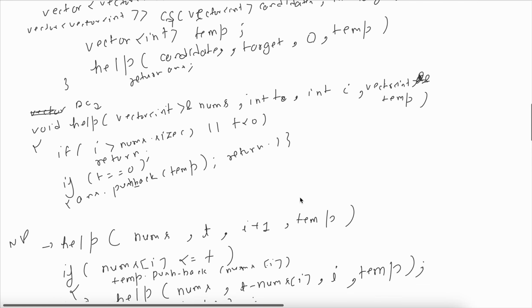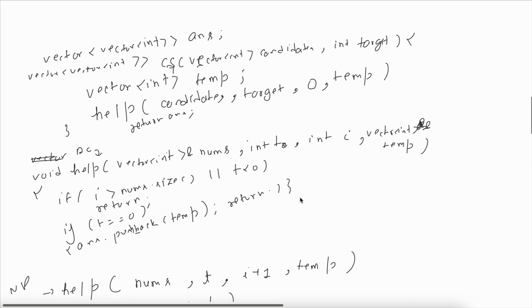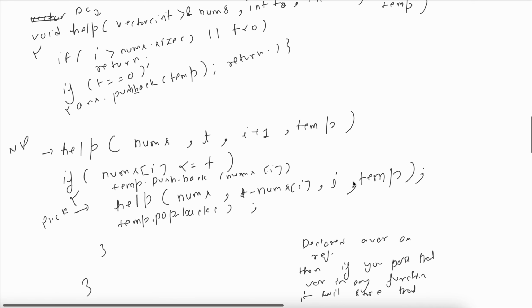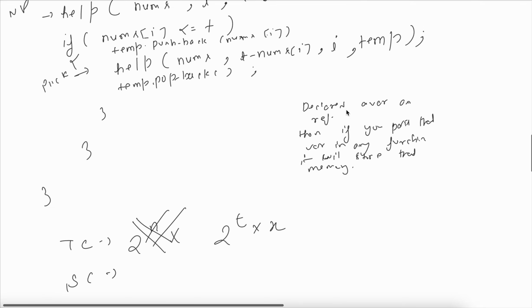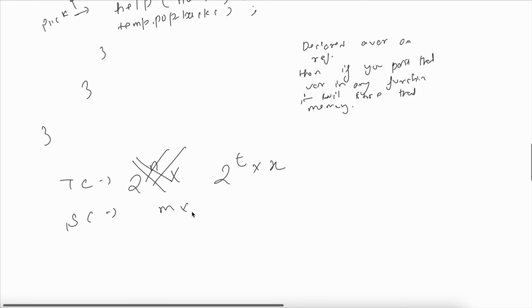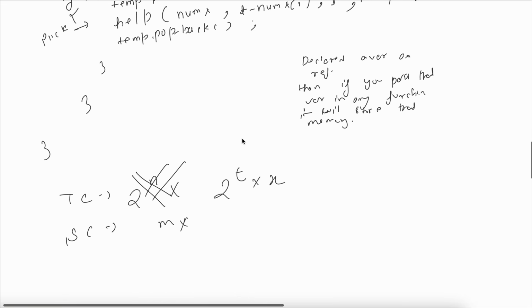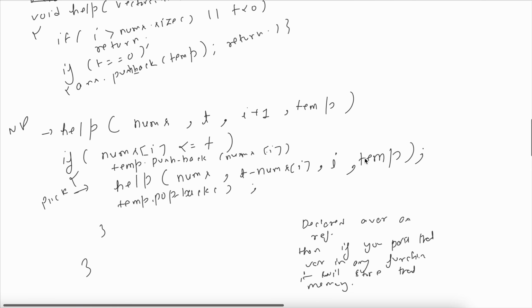And for the space complexity, you are storing the answer temp in answer.push_back. If you say the average length of a sequence is m, then the average sequence size of this temp is m.